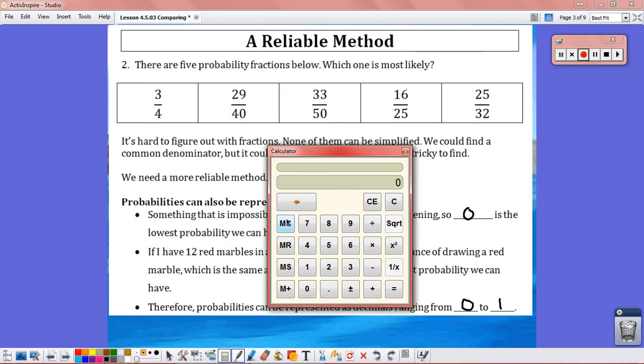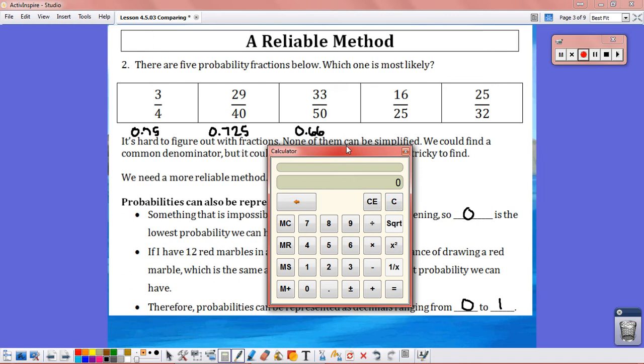So 3 divided by 4, we should already know that from our common ones, but 0.75. 29 divided by 40, 0.725. 33 divided by 50, 0.66.